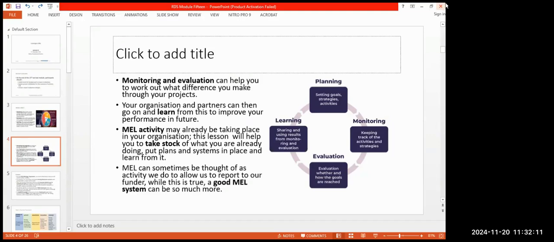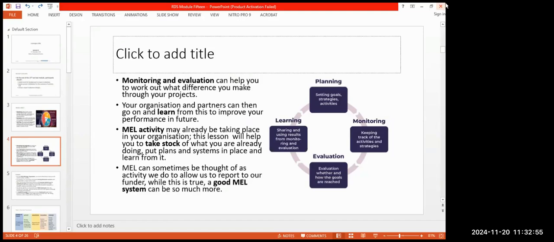And in the process of doing that, evaluation also must be done in order to check whether with time we are actually working towards the goals of the program or the project. And more importantly, this other pillar, which is learning, is what we get from the monitoring and evaluation so that we share results and be able to make the right decisions to assure us of success as we continue being involved in the program.